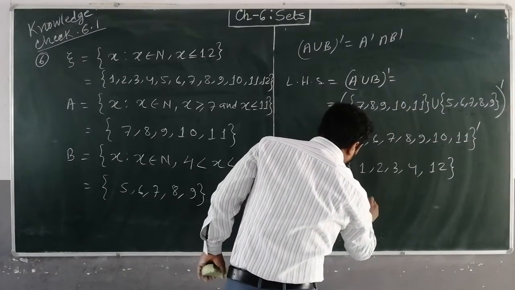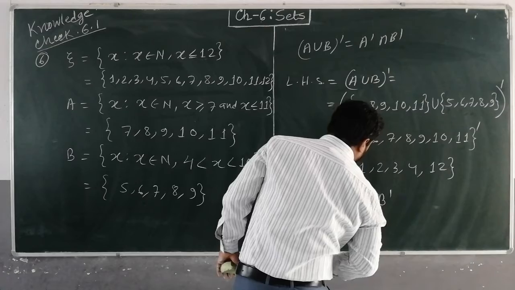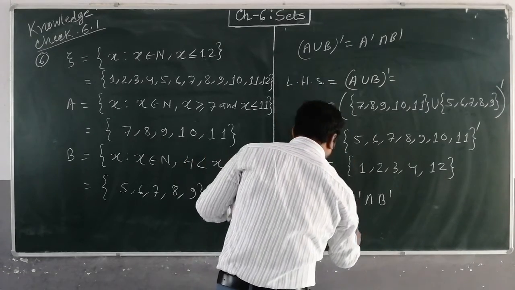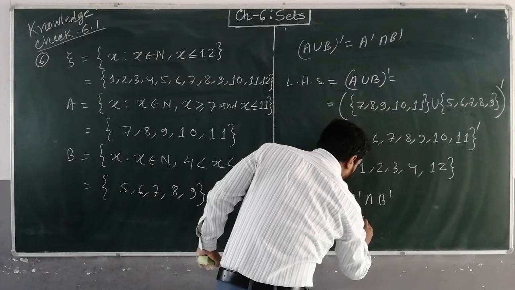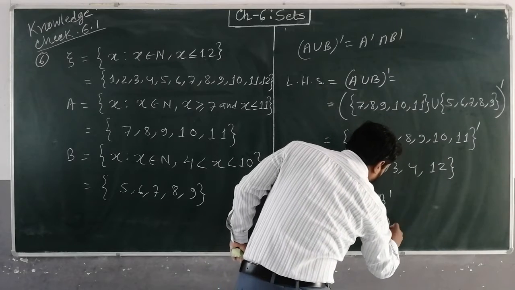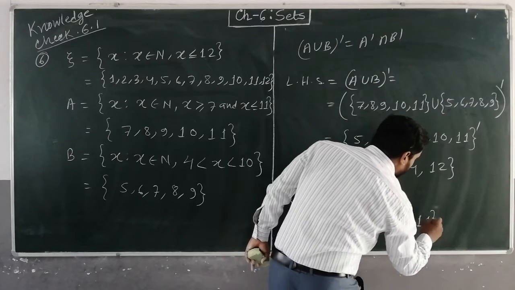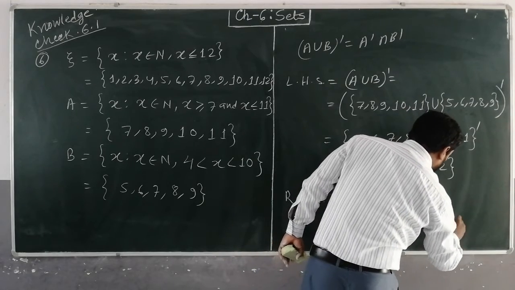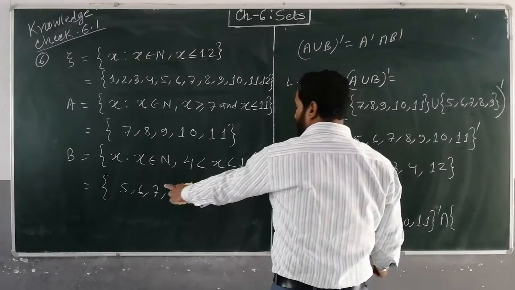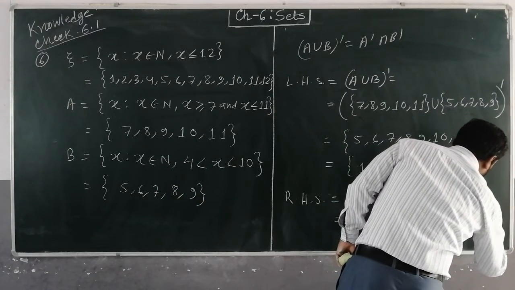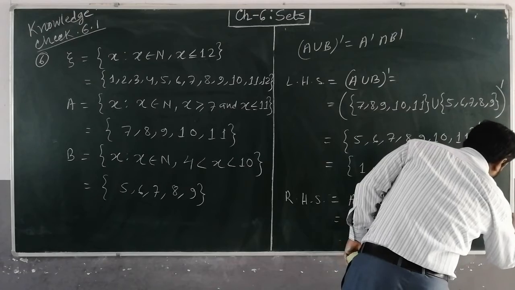So A complement intersection B complement is equal to, A is the set 7, 8, 9, 10, 11, complement, intersection B, the set 5, 6, 7, 8, 9, complement.